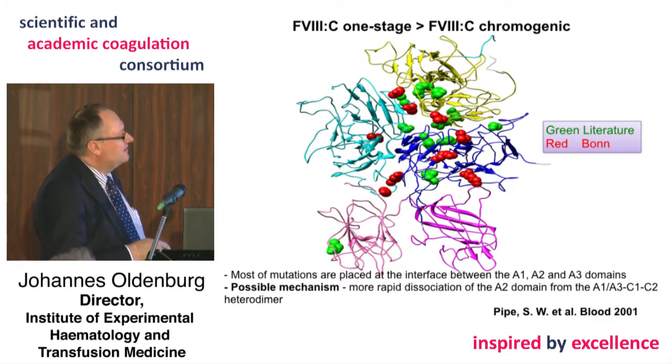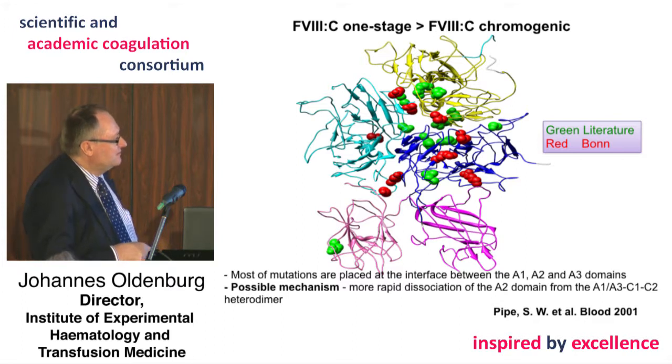One is here with this mutation where we have a severe hemophilia in the chromogenic assay and a moderately severe hemophilia in the one-stage assay, and the patient here with this mutation where we have a moderately severe hemophilia in the chromogenic assay and a mild hemophilia in the one-stage assay.